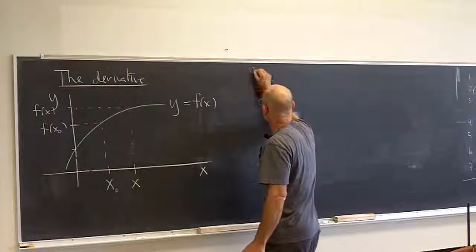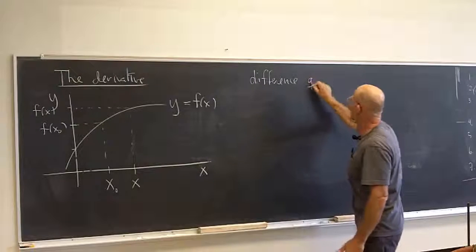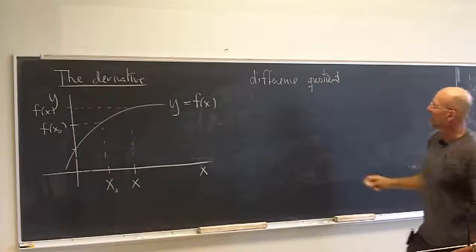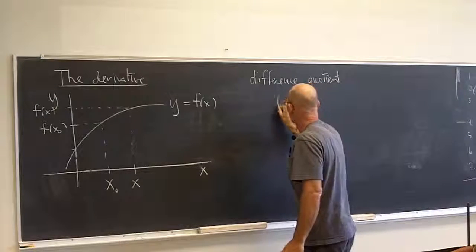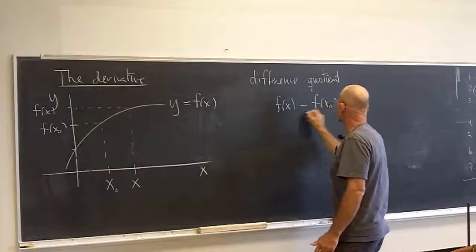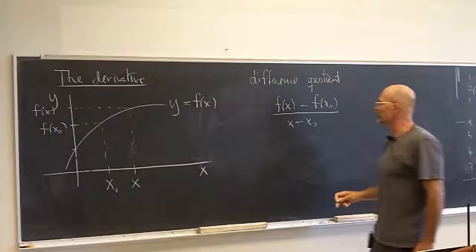Let's construct what's called the difference quotient. That would be f of x minus f of x sub 0 divided by x minus x sub 0.